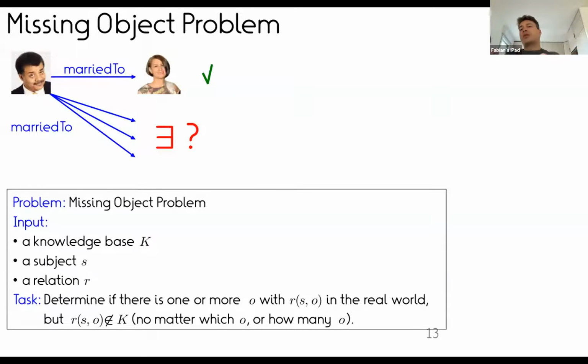It works less well for relations that have many objects, for example, albums of a musician. Elvis authored, like, I don't know, 100 albums or songs, right? So if somebody creates the knowledge base and adds 50 of these songs, then there could well be 50 more. But the assumption works well for relations that typically have few objects.